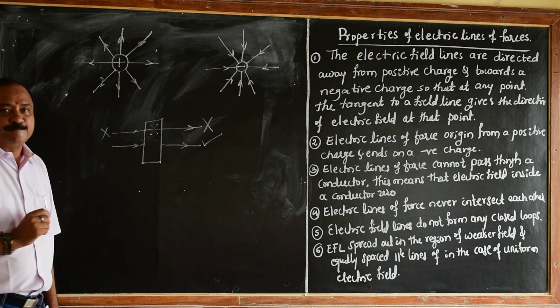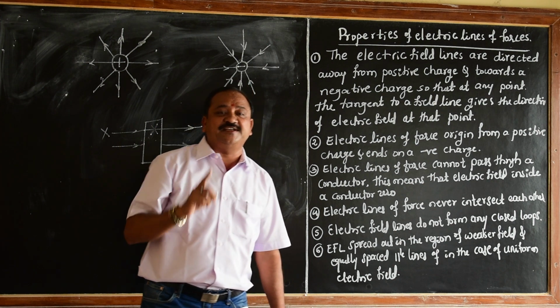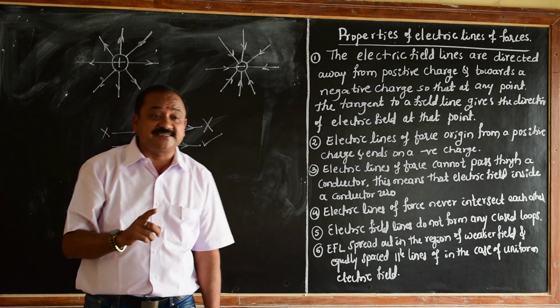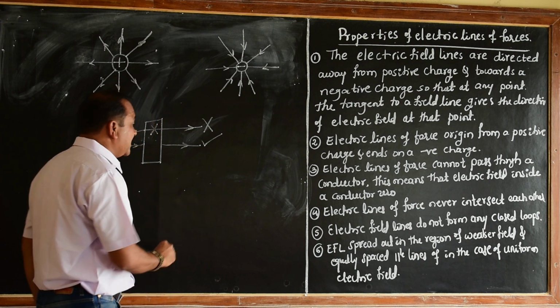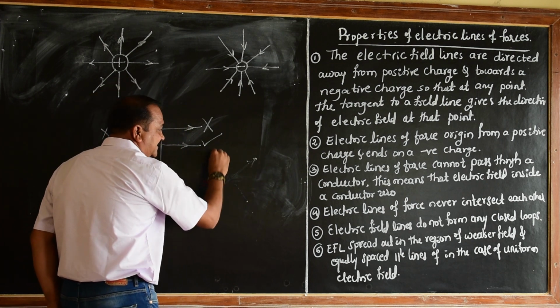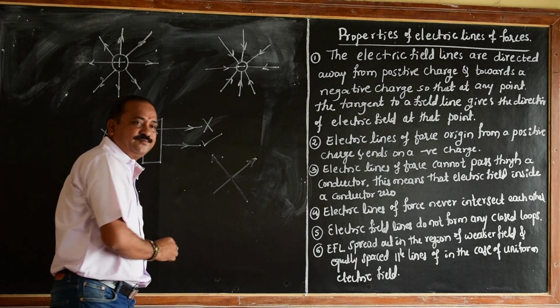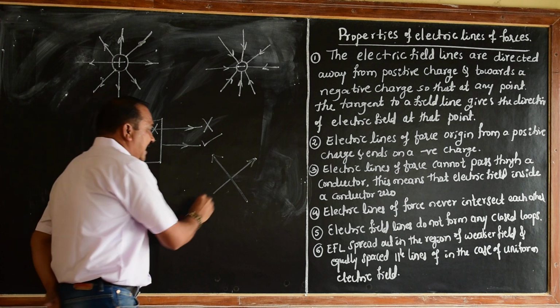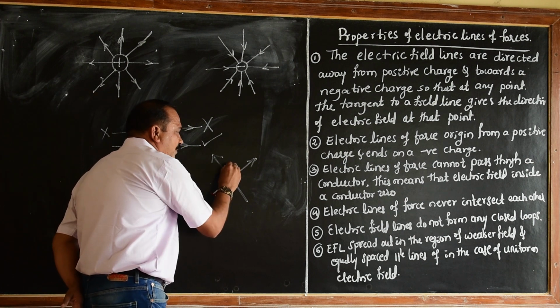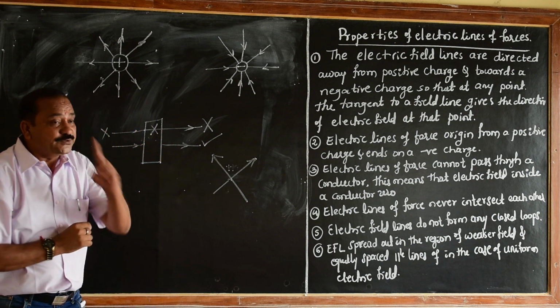And one more thing, electric field lines never intersect each other. For example, this is one electric field line, this is another electric field line. They never intersect each other. It is not possible, because at the point of intersection you could place that 1 coulomb charge, the unit positive charge.